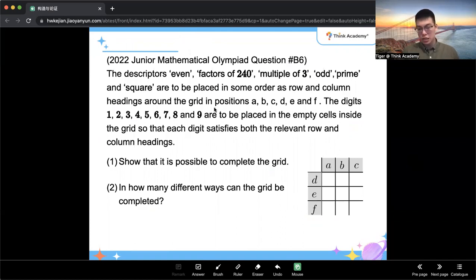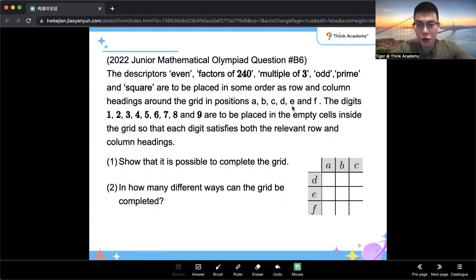So if you still remember this question from yesterday, which is from the 2022 paper, this question is a construction question because I would need to find a way to put these numbers into the rows and columns, right? So you can say that it's kind of like a numerical construction, using the property of the numbers to construct the shape.